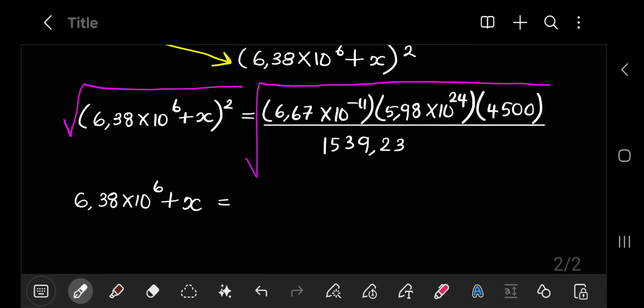On the right hand side, this is what we get: 34,148,214.93. Now to get x alone, all I'm going to do is take that 6.38 times 10 to the power 6 over to the right hand side, and it is going to subtract.